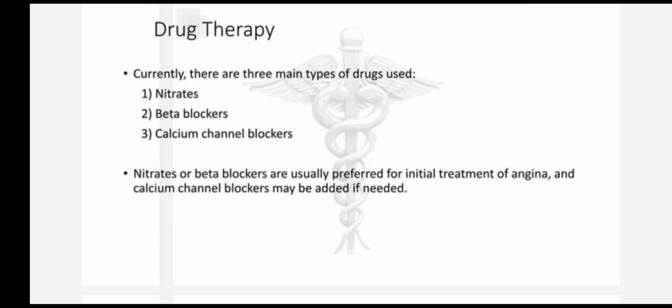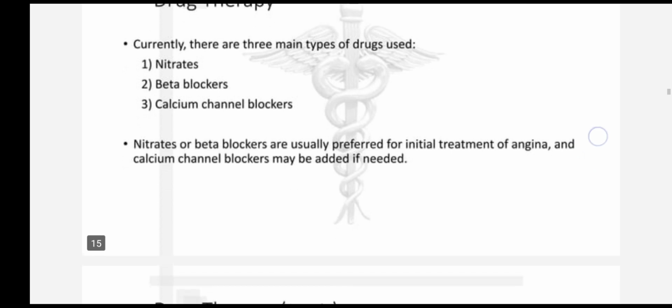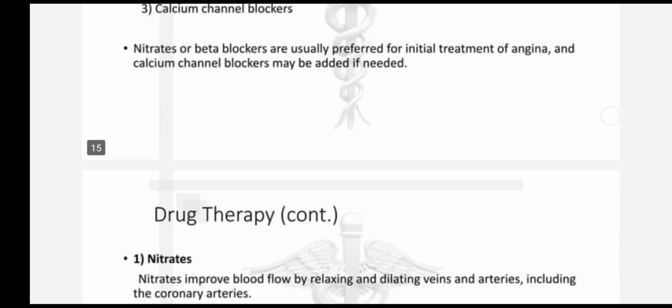Currently, there are three main types of drugs used: nitrates, beta blockers, and calcium channel blockers. Nitrates or beta blockers are usually preferred for initial treatment of angina, and calcium channel blockers may be added if needed.